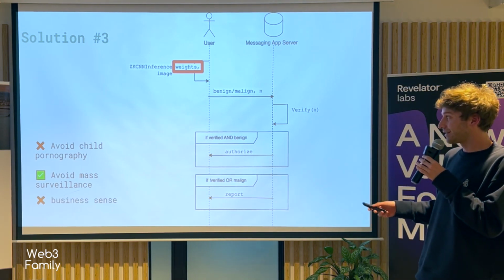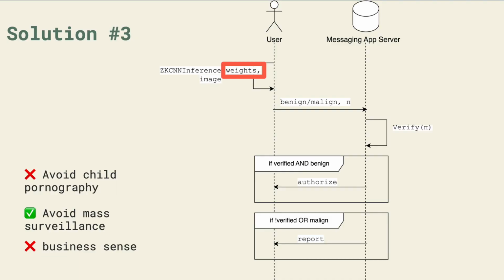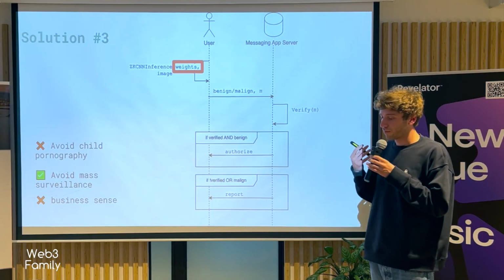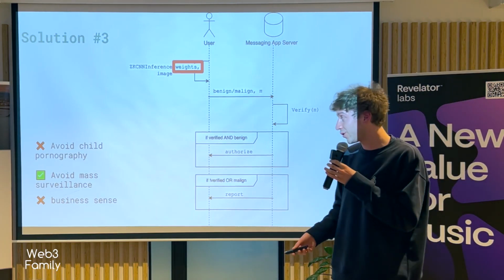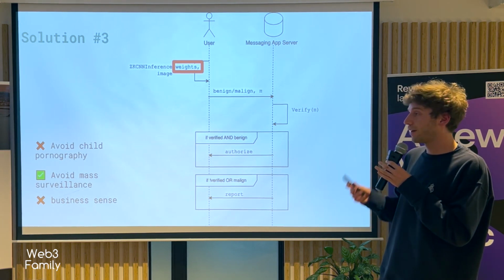And the last thing, as we said before, is that the weights are really precious for a company that has trained this model. So this solution probably also won't make a lot of business sense.